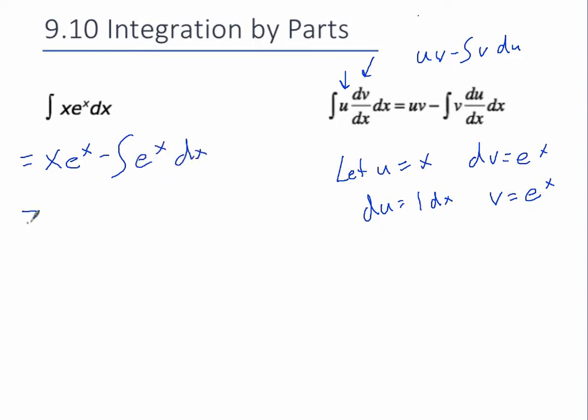So now it's a very simple integral. So x e to the x minus e to the x plus c is the answer. You can check by differentiating this. If you differentiate this, you're going to get an e to the x and a minus e to the x. You're going to get this thing back.